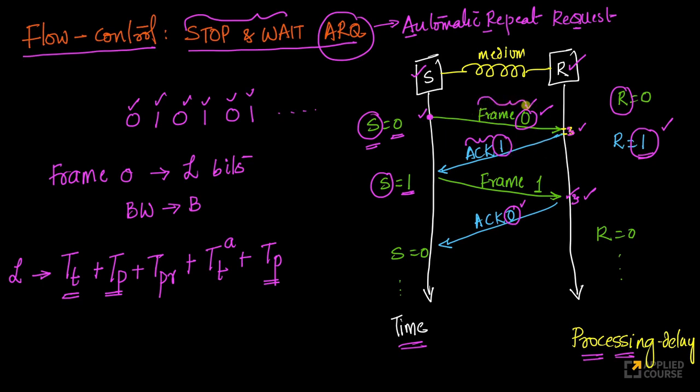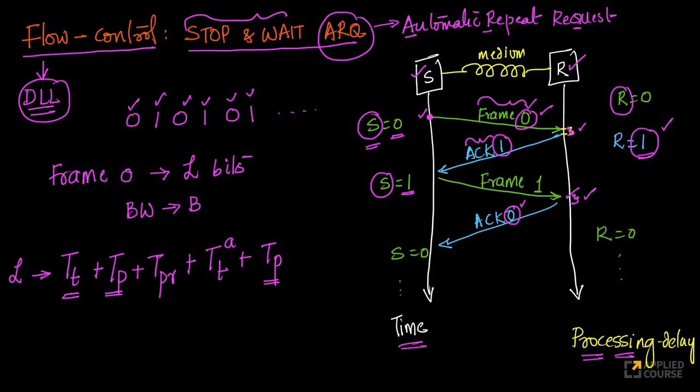Remember, we are in the data link layer, and your frame contains actual data that you got from the layers above. So the transmission time for the frame is significant.